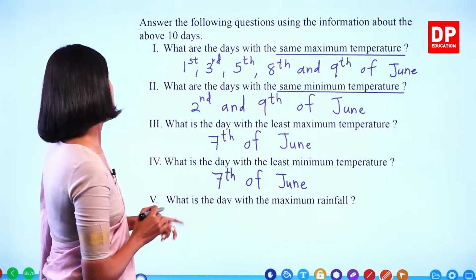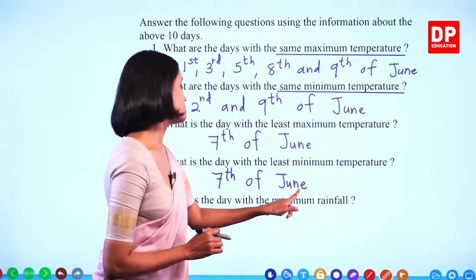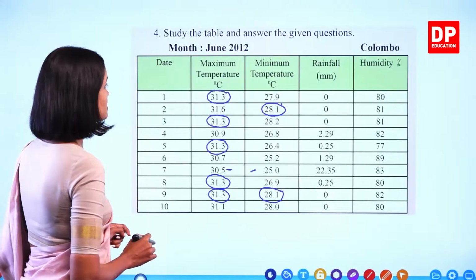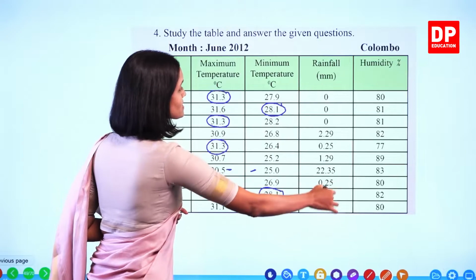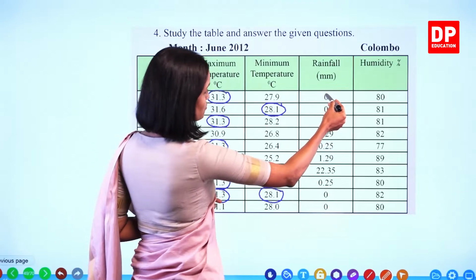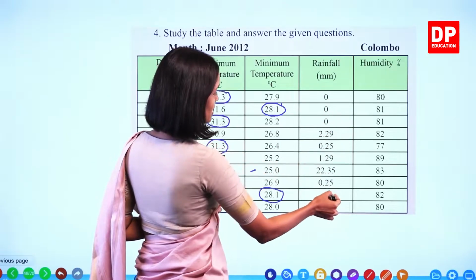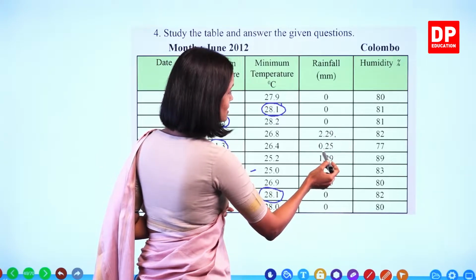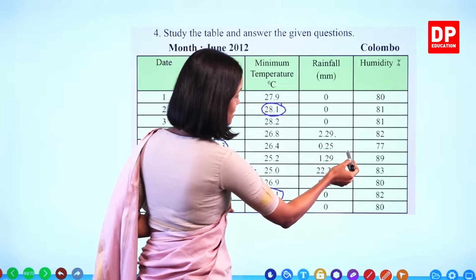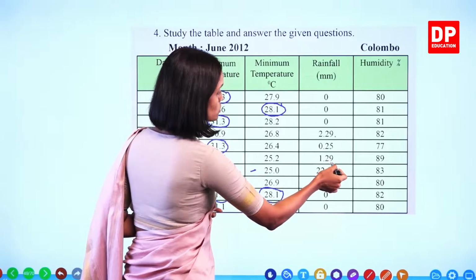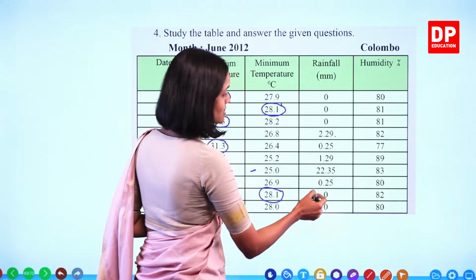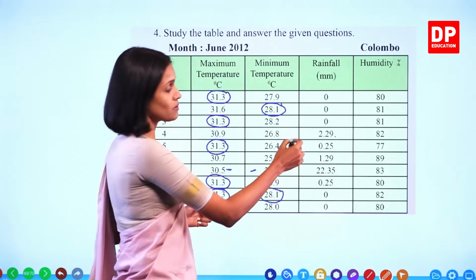Right? What is the day with the maximum rainfall? Let's see here, the rainfall column is there. What is the maximum rainfall? Here 0, no rainfall. Here also no rainfall. 2.29 millimeters, 0.25 millimeters, 1.29 millimeters, 22.35 millimeters, 0.25 millimeters, right?